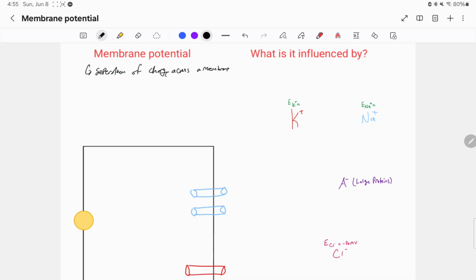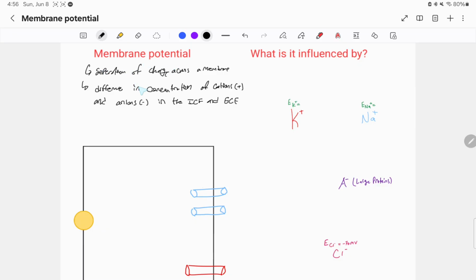To expand on that, we can say that it is really the difference in concentration of cations, which are positively charged, and anions, which are negatively charged, in the intracellular fluid and extracellular fluid.